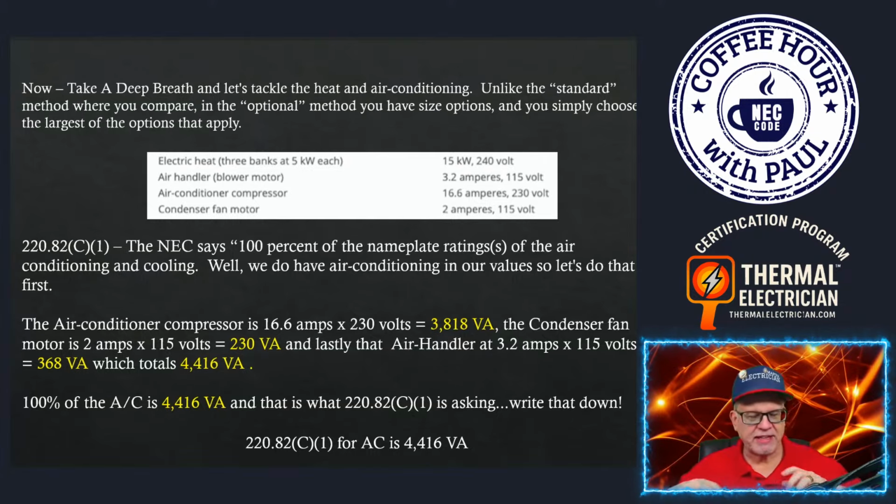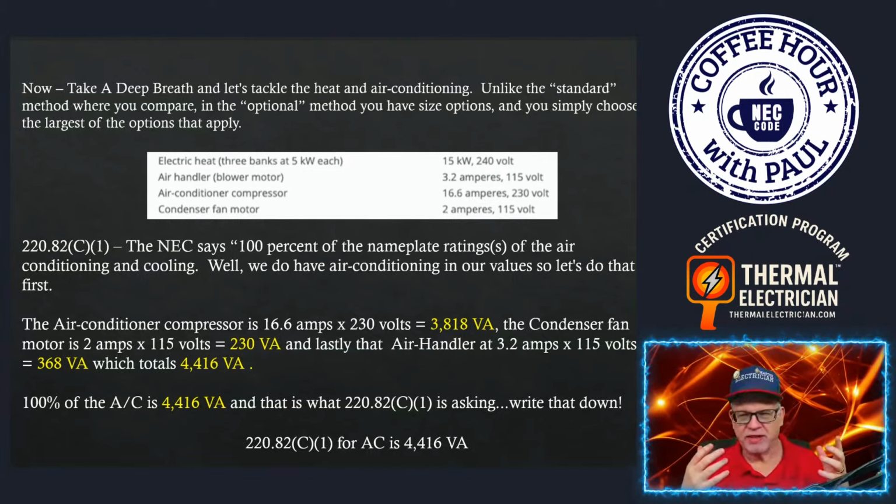So it is everything that's involved in the air conditioning and cooling. So it's 3,818 plus 230 plus 368. That is 4,416 VA.